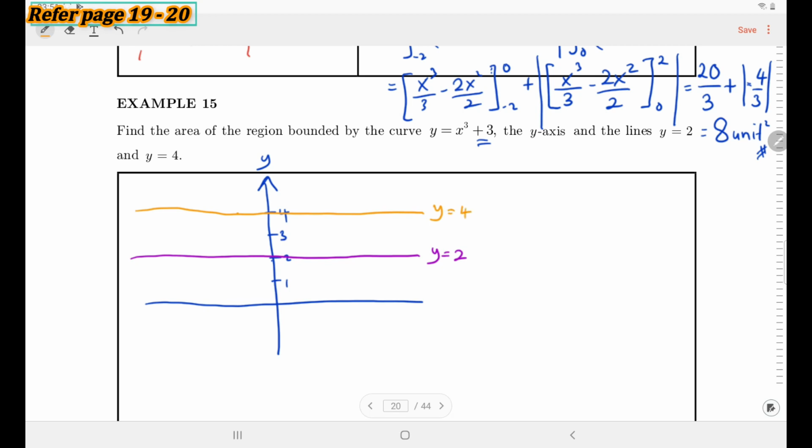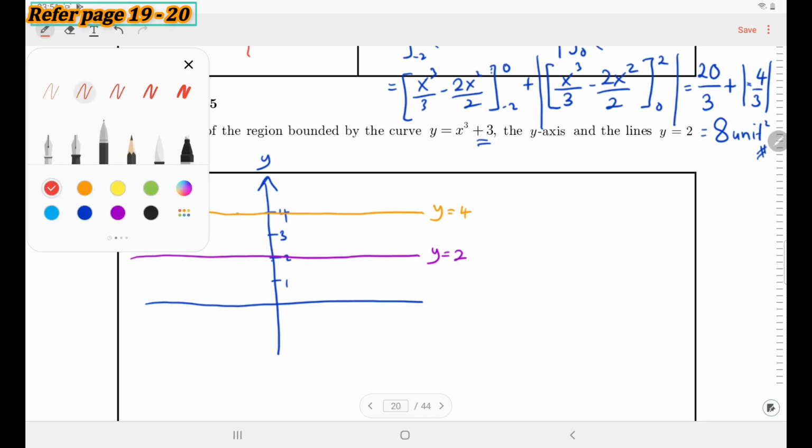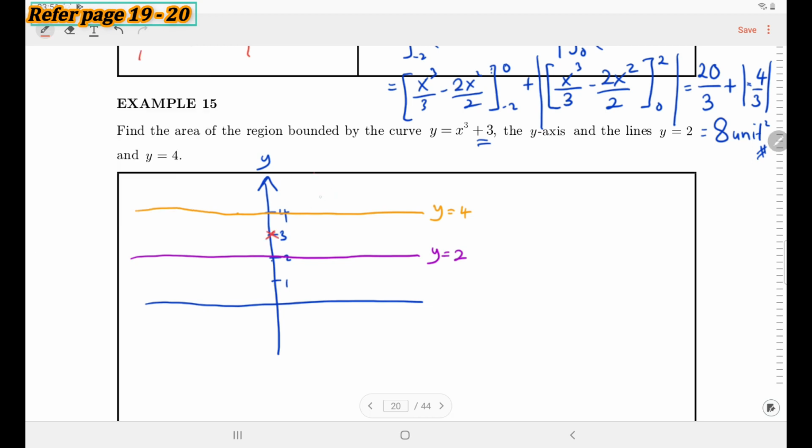Alright, so the graph x cubed plus 3. The graph is the red color, a positive cubic function, so we start from here. For the intersections here and here, we just substitute into the function.